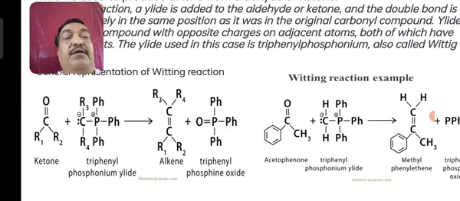Please remember what the Wittig reaction is: when a ketone is treated with a triphenyl phosphonium ylide. Now I request all of you to look very carefully at the structure of this triphenyl phosphonium ylide: carbon with a lone pair of electrons and a minus charge and two alkyl groups, attached to phosphorus containing three phenyl groups. It is called a triphenyl phosphonium ylide.